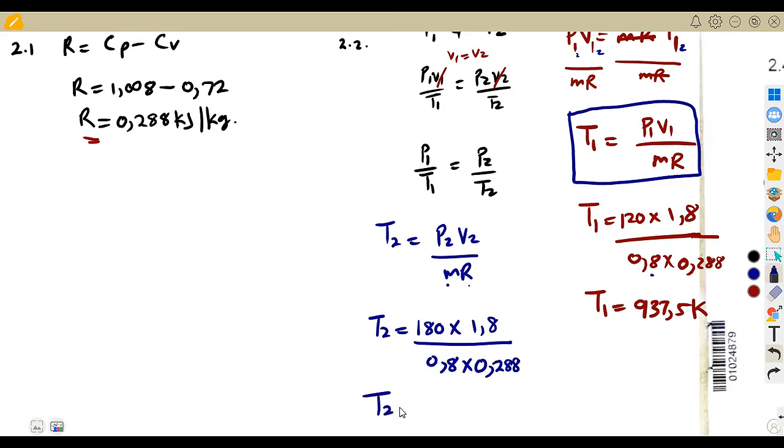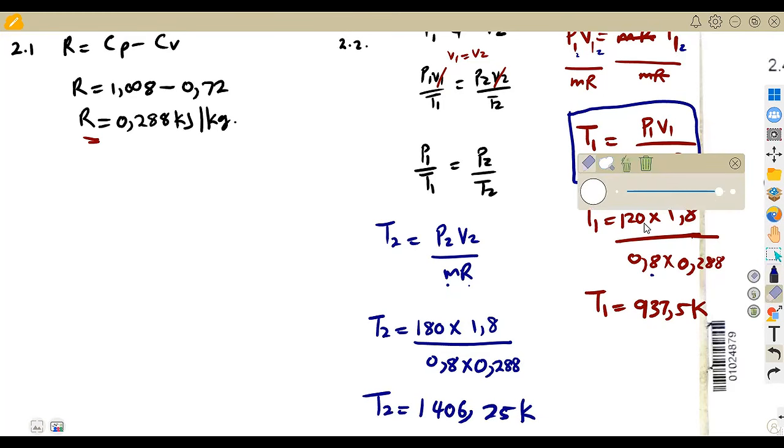That was going to give us the temperature T2, which was 1406.25 in Kelvin. This is the same answer you must obtain if you use the other formula.